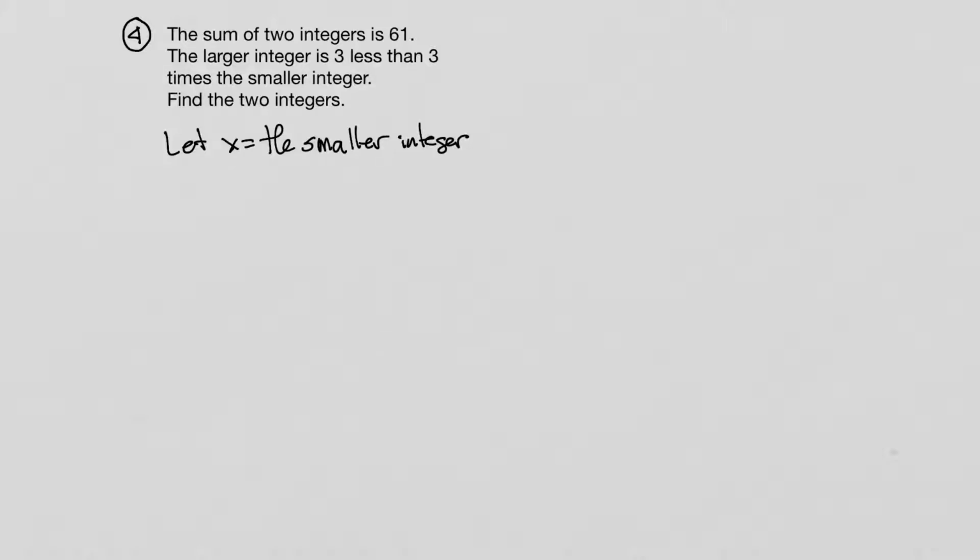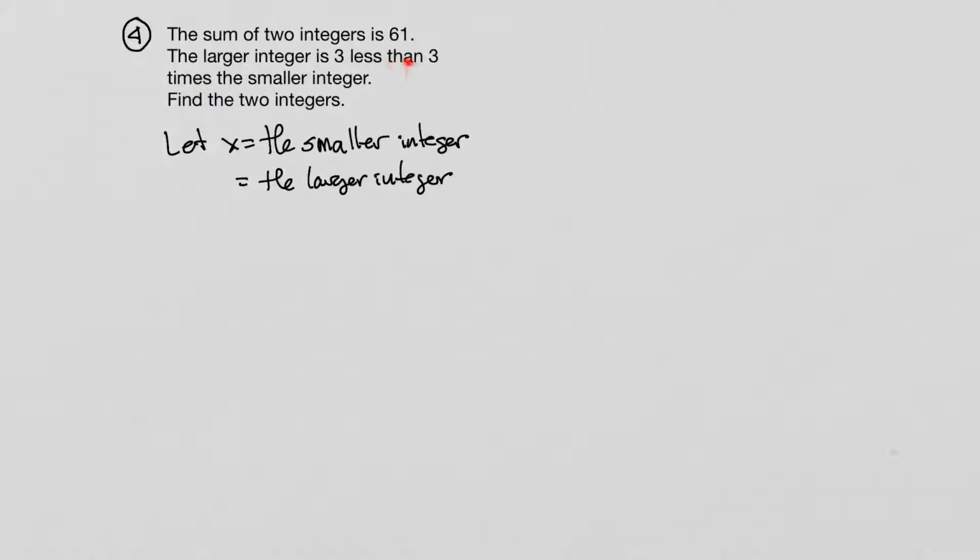Now we've got two things here. We've got two numbers. I've got one of them represented, right? I've got the smaller one represented. Now I need a letter representation for the larger integer. And I'm going to read through the sentence to see how I'm going to note that. So notice what we've got here is that the larger is 3 less than 3 times the smaller.